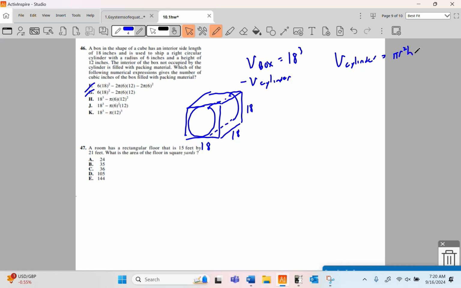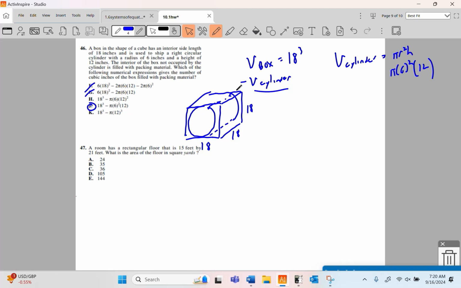Pretty simple one, actually. So what do we know about this cylinder? It has a radius of 6, and it has a height of 12. So I'm looking for pi 6 squared 12, which is choice J, because I'm going to take away the volume of the cylinder.